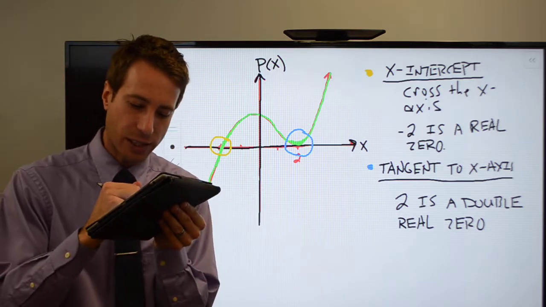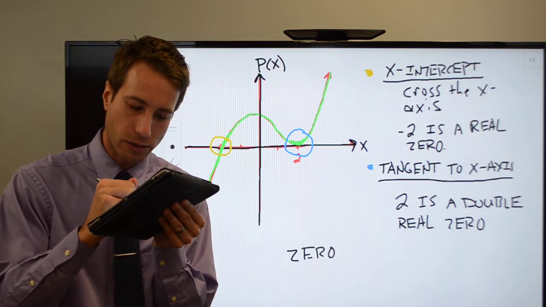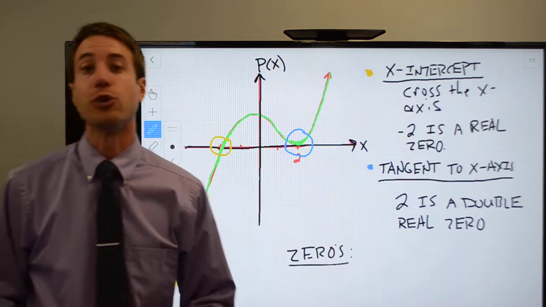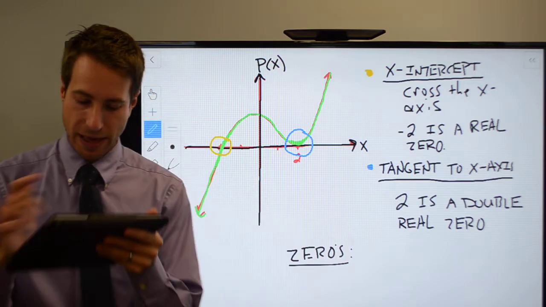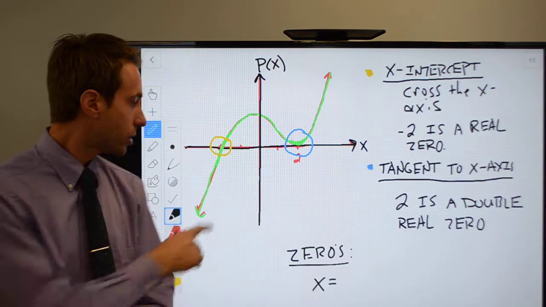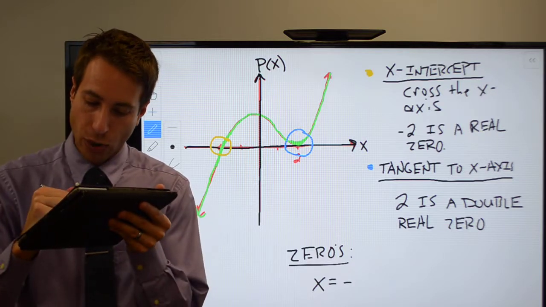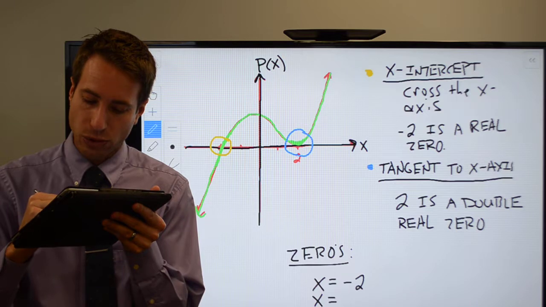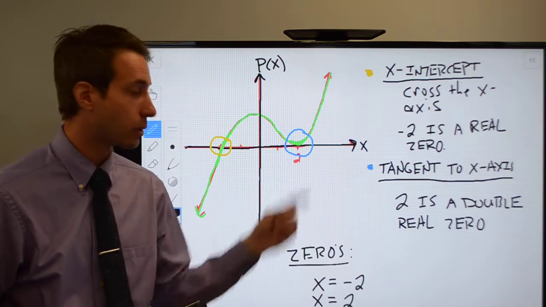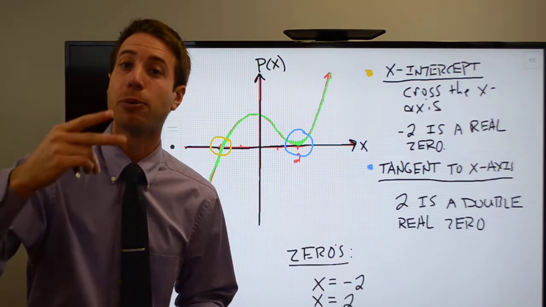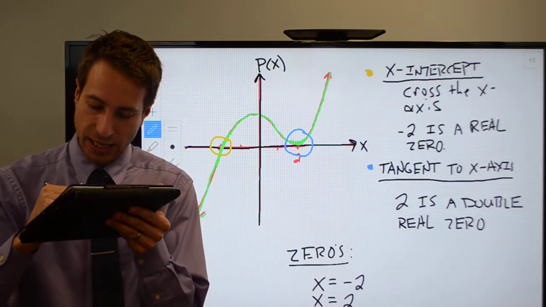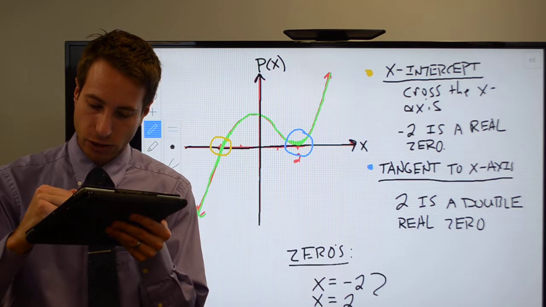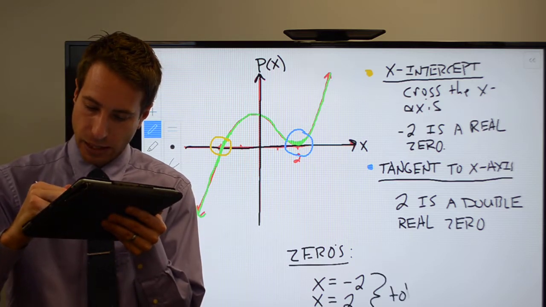So if I were to ask you for the zeros of this particular polynomial, you actually have 3 of them. You have x equals -2, which is where I cross the x-axis. You have x equals +2, but that's a double 0 because it's a point of tangency, so you need to count it twice, and you have a total of 3 zeros.